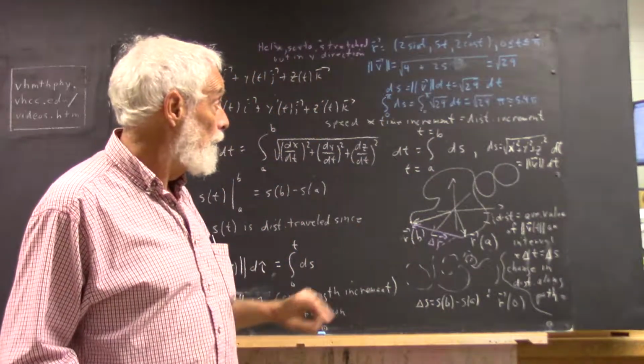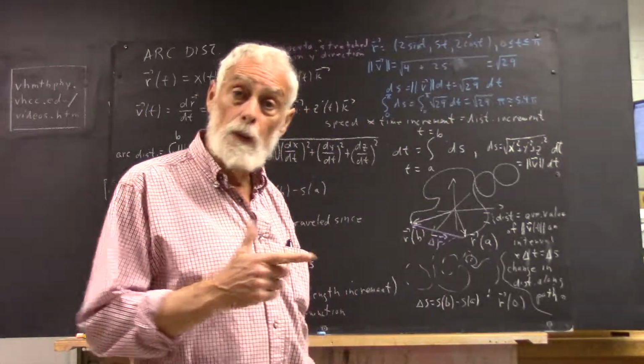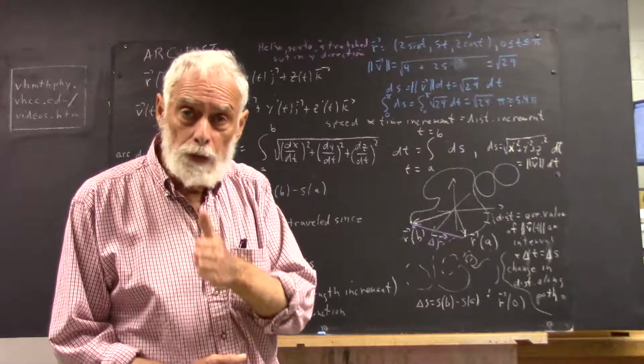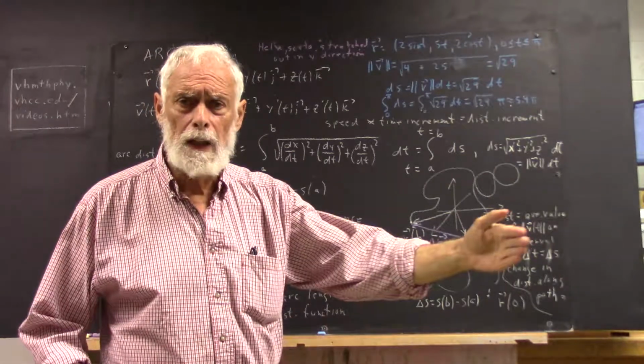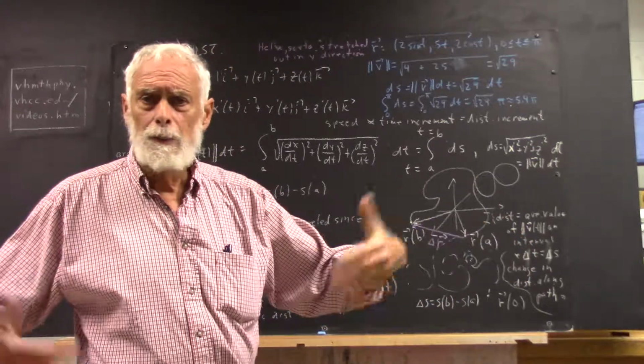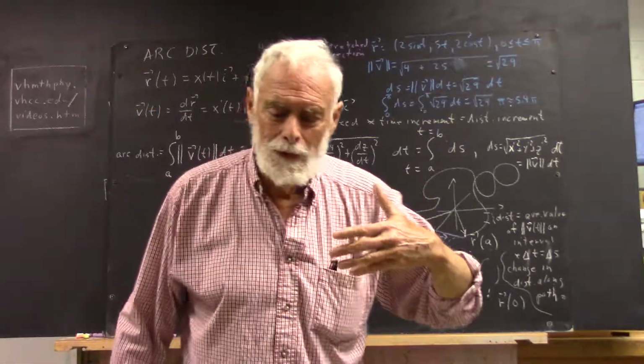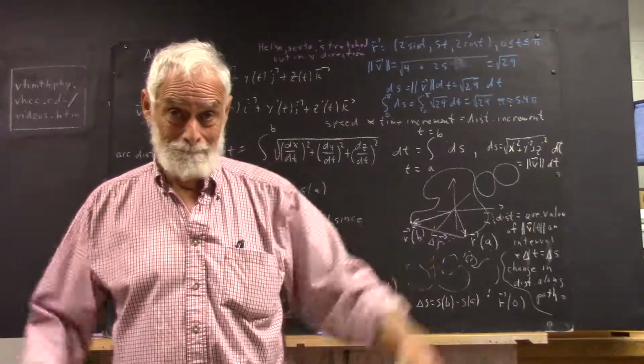Okay? So that's really easy. And in the y direction, along the y-axis, this is just motion along the y-axis at a speed of 5 units per second, or 5 units of distance per unit of time, whatever t stands for. 5 units of distance per unit of t. Okay?